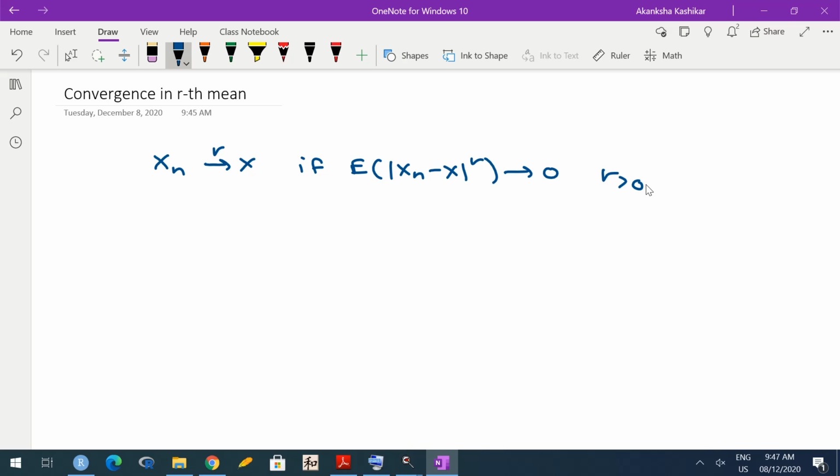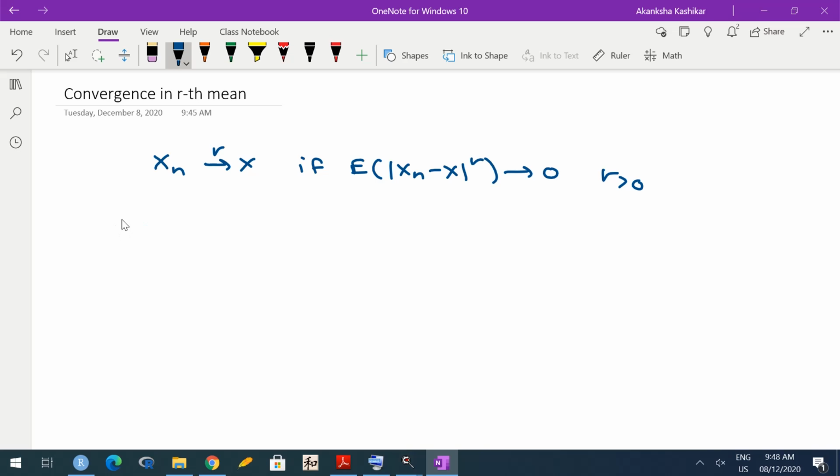Now first we'll try to see if Xn converges to, say, two different random variables in rth mean, are they equal almost surely. We saw that in almost sure convergence this happens, in probability convergence also this happens. However, in convergence in law it doesn't happen. We have already seen it.